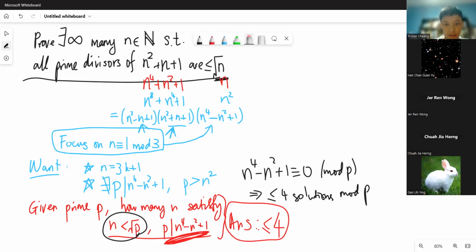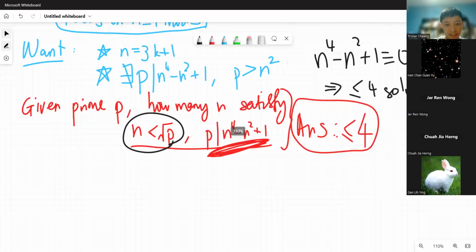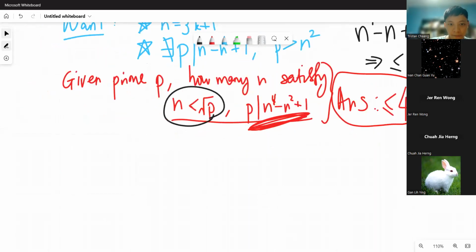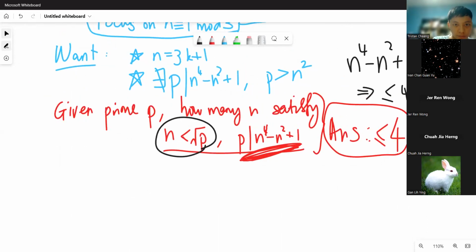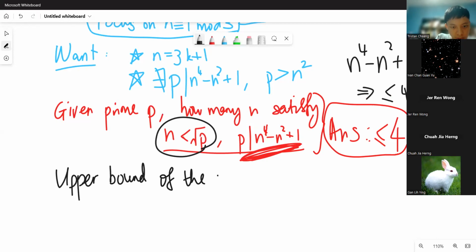So what does that tell us? Now we can start to bound the density. So, well, let me write this here. So the upper bound of the number of bad n.